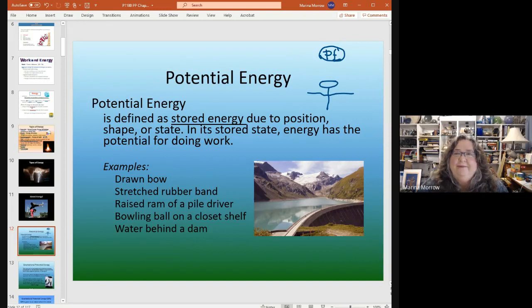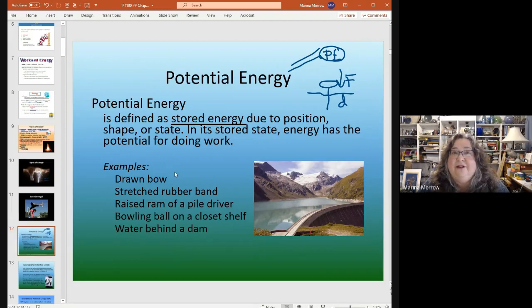You lift the hammer up, you give it potential energy, and then you allow it to fall and drive the nail in. Now, when you drive the nail in, there's a force and the distance that it goes into the wood. So you're doing work. And this is how pile drivers work. This is how when you're hammering something, it works. You're taking potential energy that's gravitational and turning it into work.